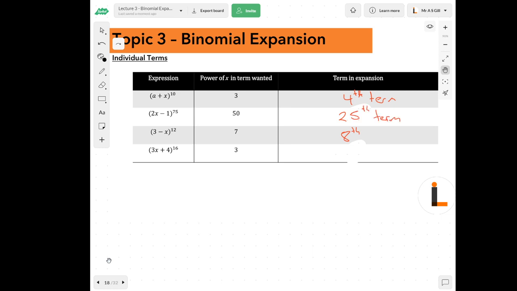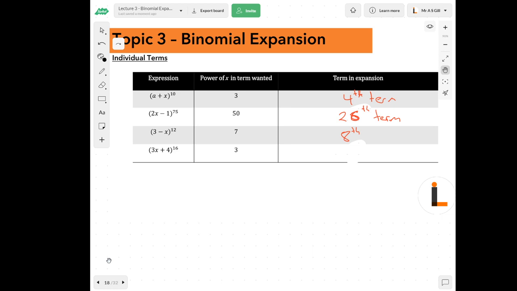Because in here, as I said in general, we take ascending powers of the 2nd term in our expansion. So because we're starting with x to the power of 75, it's going to take us 25 terms, or the 25th term will be where we get to x to the power of 50. Sorry, this is going to be the 26th term. Because we're starting with the first term, which will be 75.